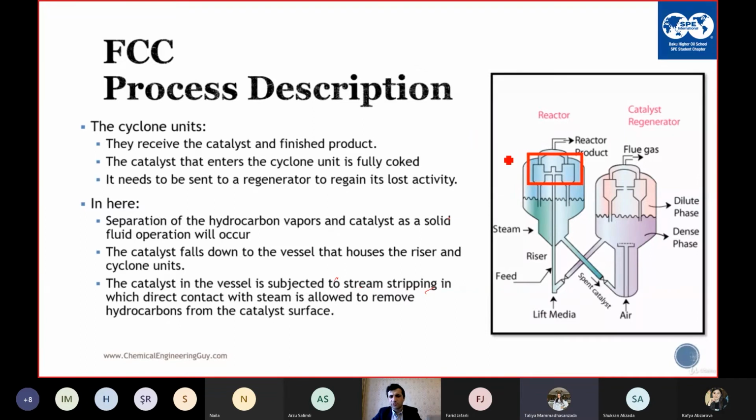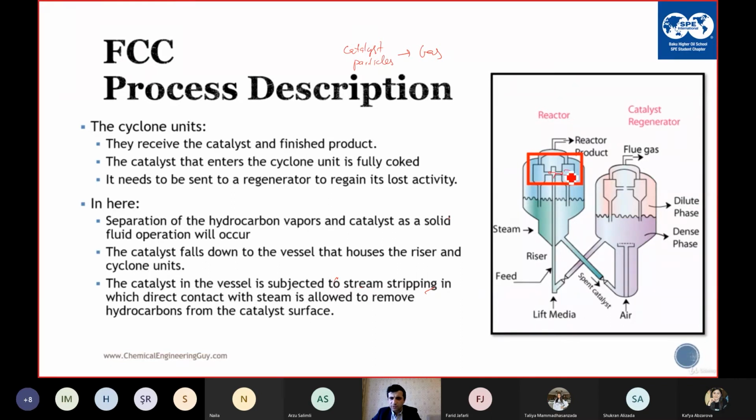Okay. So cyclones are used to separate the catalyst microparticles from the gases. So what happens here? The gases enter here and here.